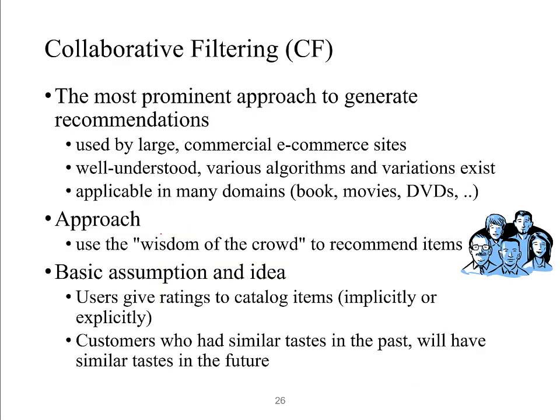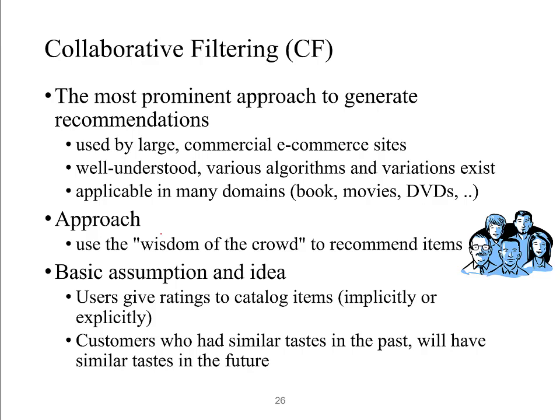Collaborative filtering is the most prominent approach to generate recommendations. It is used by large commercial e-commerce sites. It is well understood, and we have various algorithms and various variations. So it is applicable in many domains, for example books, movies, and music as well.